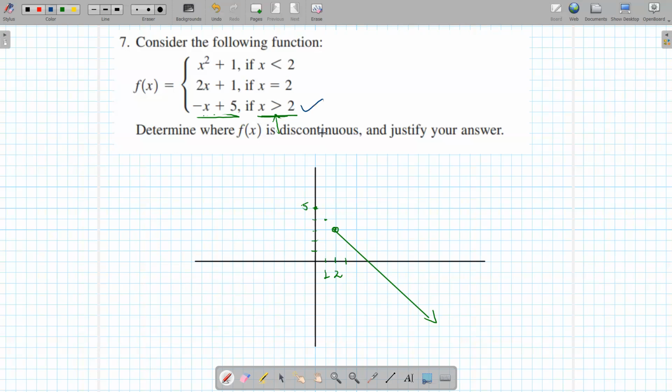2x plus 1. That function only exists at a specific point. Okay? When x is exactly 2. For this function, if x is exactly 2, what's the y value? The function is 2x plus 1.